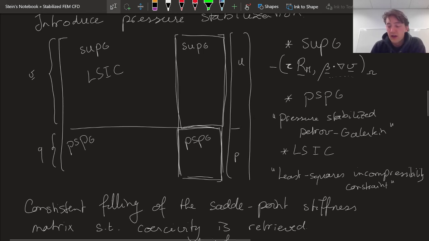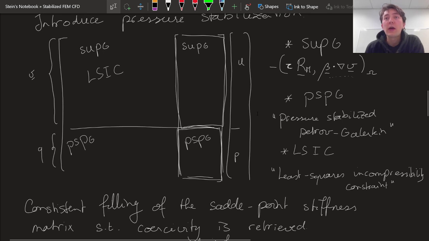In this case, we're no longer dealing with scalars, we have vectors, and so you get a gradient of a vector that gives a second order tensor, so we have to dot that with our advective vector. But other than that, it's the same principle. And because the residual incorporates u and p, that fills the complete upper part of our matrix.